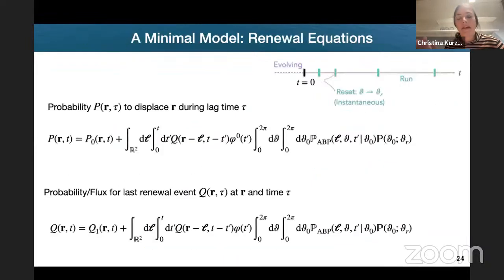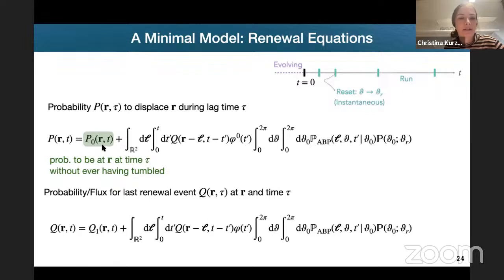So now the way we model this is in terms of the same equations that I've shown you before. I just now write out the propagator for the displacement explicitly, okay? So again, we have the probability to displace the distance r during time t, that depends on the probability to never have tumbled. And then it depends on this runtime, or in our case now resetting distribution.